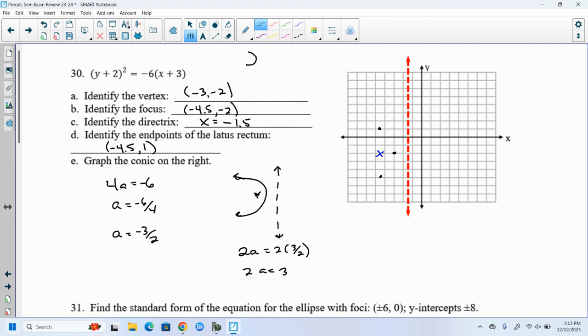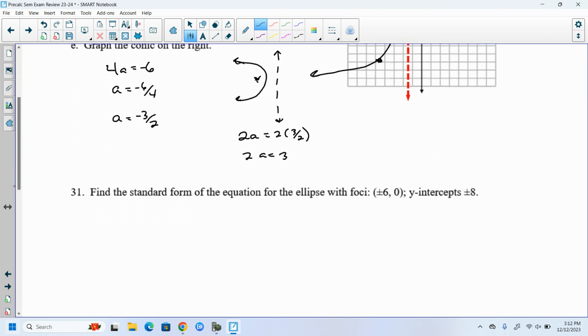And now we go 1, 2, 3, negative 4.5, negative 5. So those are the two endpoints, and they give us the width of that. That goes through there as best as I could. Okay, so that's 30. You got a parabola that opens up to the left.